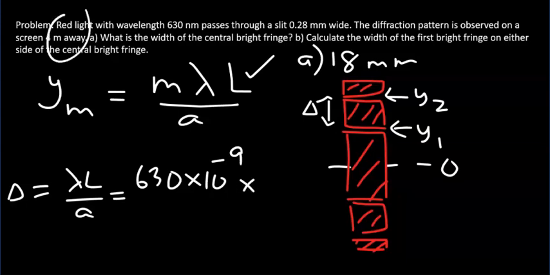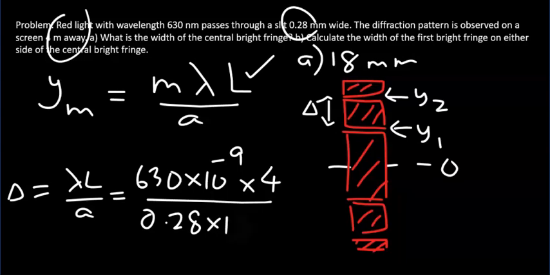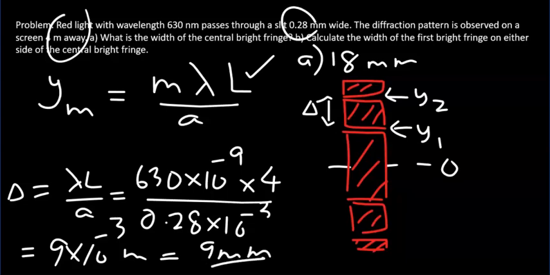L is 4 meters. That is the distance between the slit and the screen. The size of the slit is 0.28 millimeter. So 0.28 times 10 to the power minus 3 to convert that into meter. And the answer will be 9 times 10 to the power minus 3 meter, or 9 millimeters. And that solves the problem. Thank you for watching.